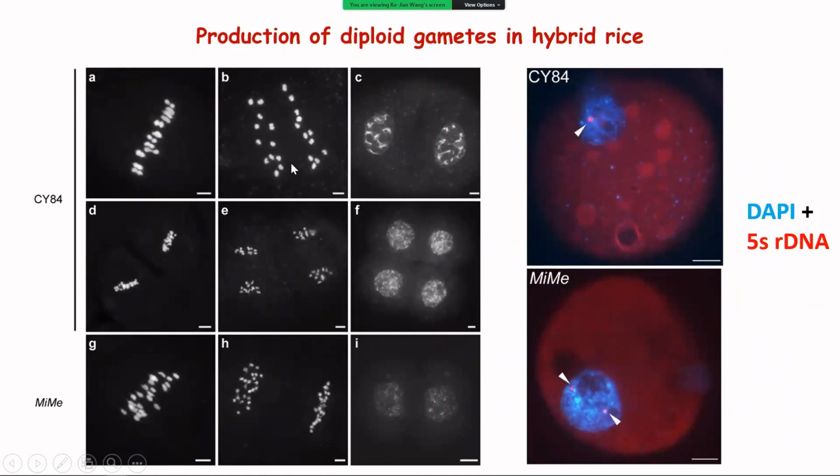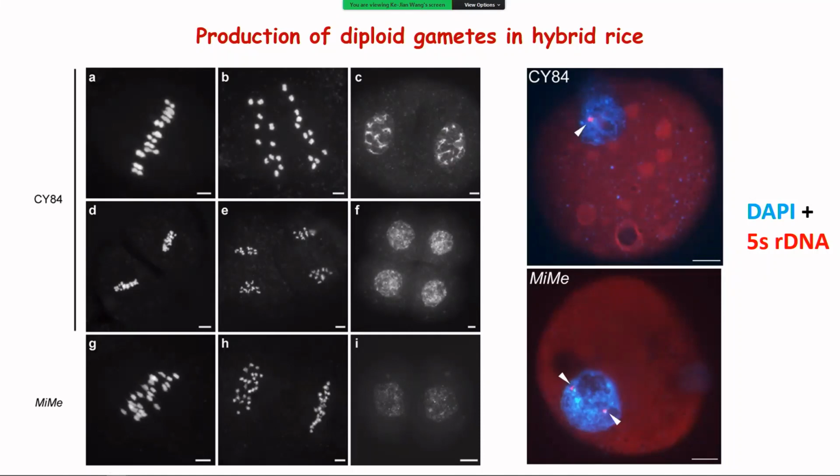We next investigated the meiosis of both wild type and the Mimic mutant. In the wild type, 12 pairs of homologous chromosomes will undergo pairing and recombination. After two rounds of cell division, tetrads will be produced. In contrast, in Mimic, the homologous pairing and recombination were totally disrupted, and after only one round of cell division, only dyads will be produced.